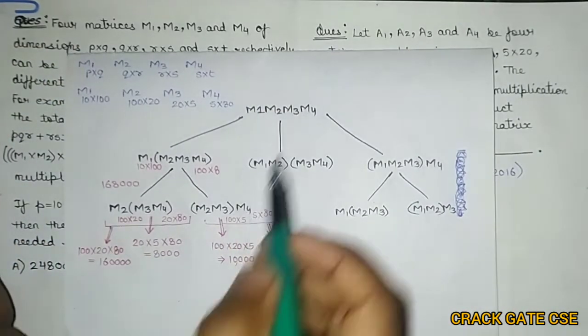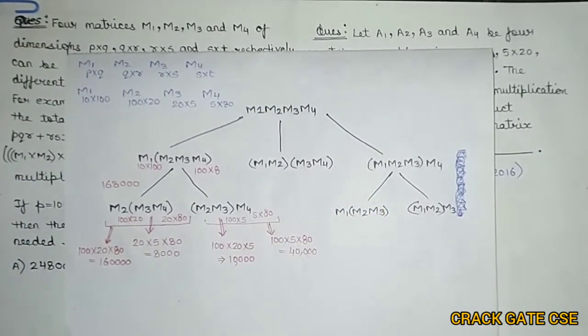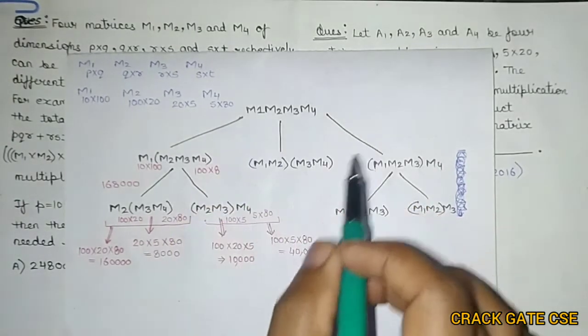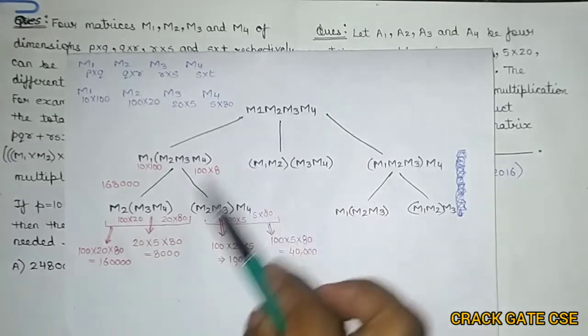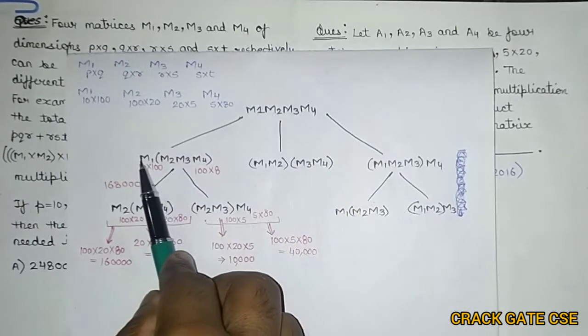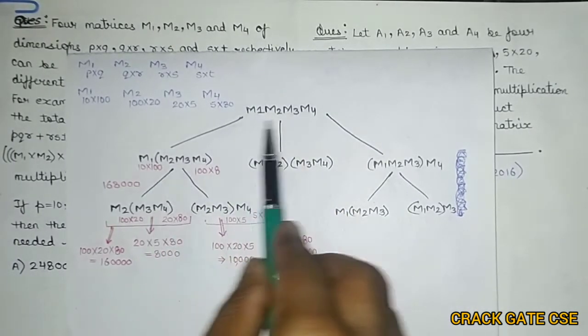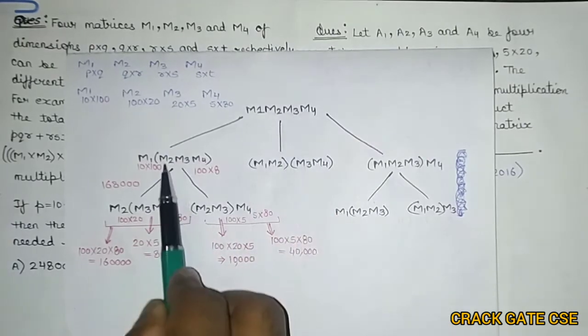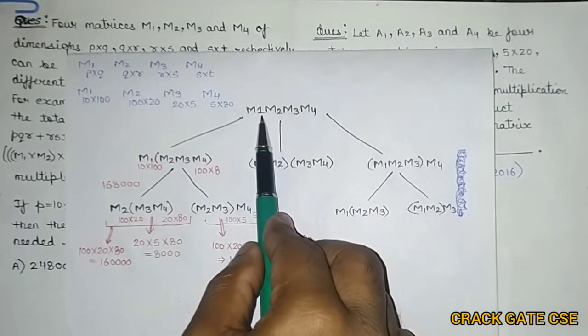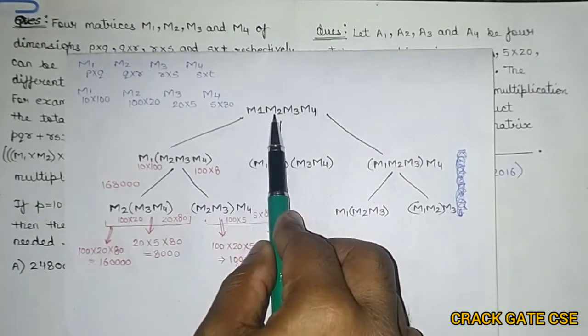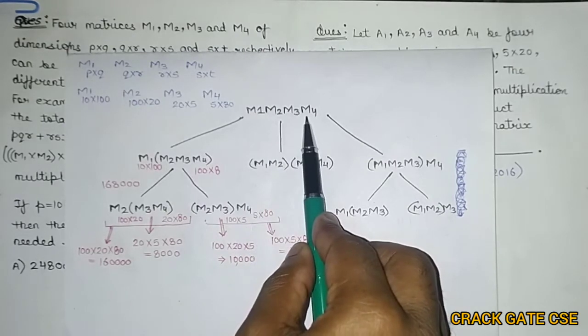Now we have to solve. I am using the tree method that I explained in the previous video. There are different ways to multiply this. One way is keeping M1 on one side and multiplying the other three together. Another way is multiplying M1 and M2 together and M3 and M4 together.